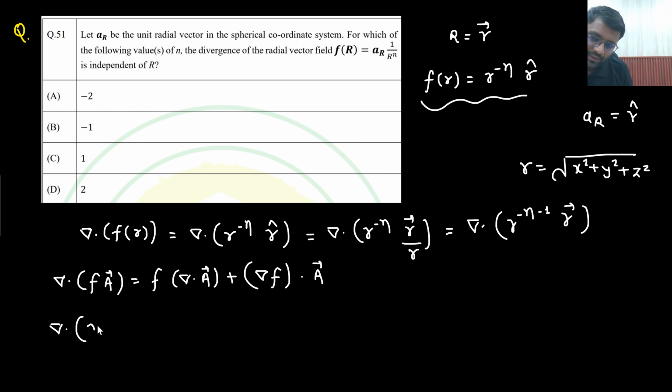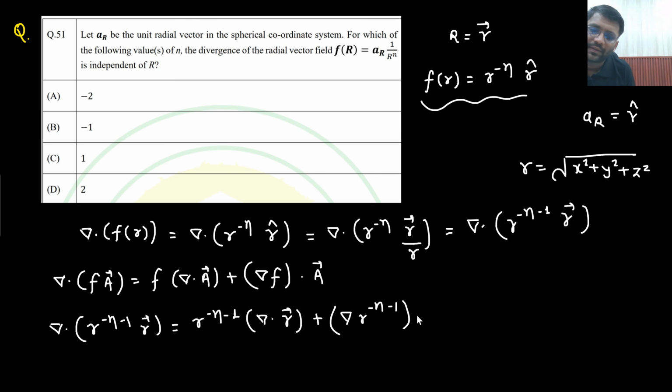So del dot r to the power minus n minus 1 r vector is r to the power minus n minus 1 del dot r vector plus del f dot r vector, right? Del dot r is 3 only.